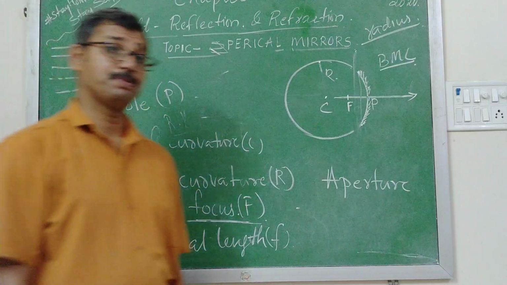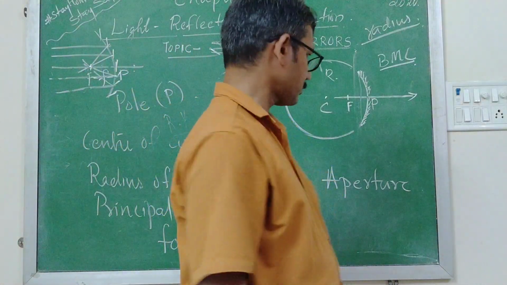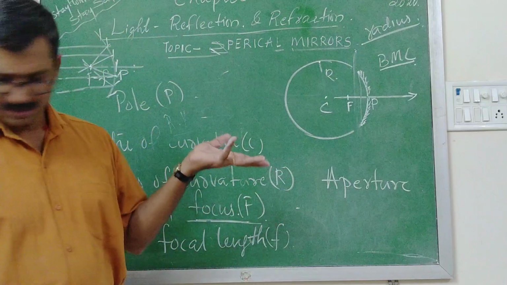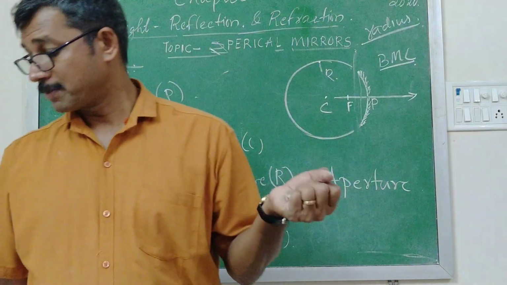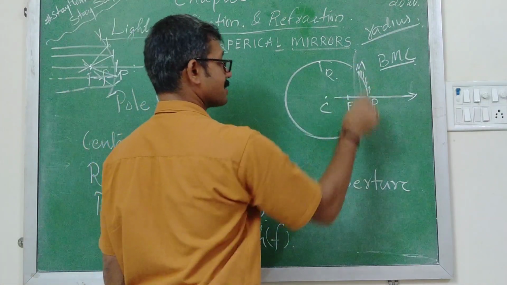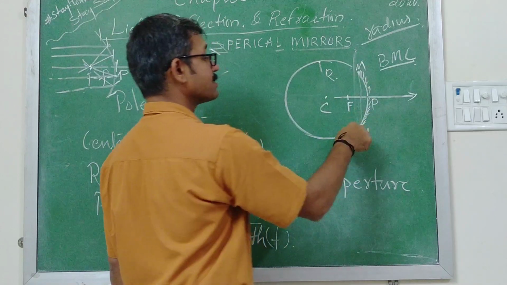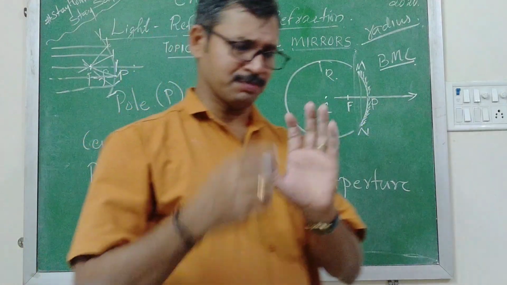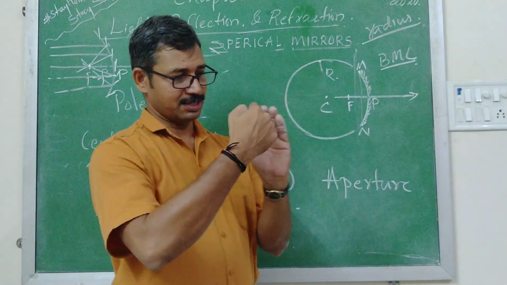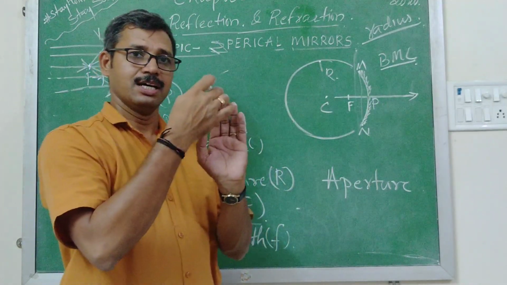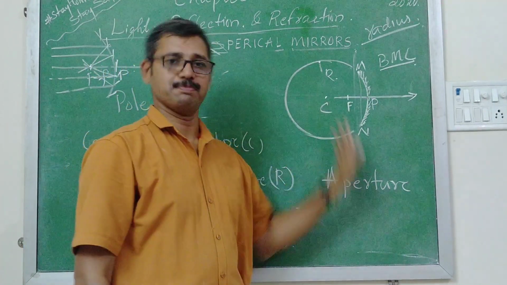Normally the aperture is MN. If you are giving this as MN, this MN is the aperture. Normally the aperture means nothing but the front area, that is the length of that, which is called the aperture.